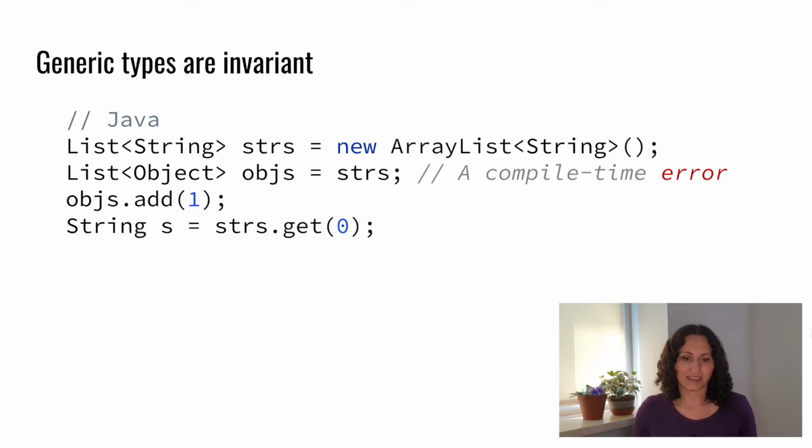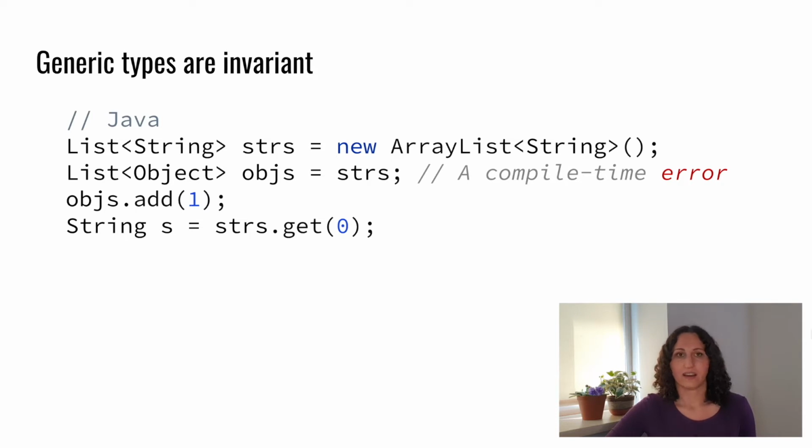At the same time, list is a subtype of object type. For example, here we are creating a list of strings and reassign it to the list of objects, and then we'll try to add an integer element to this list. Of course, it will produce an error. That's why the compiler in Java doesn't allow you to do things like this.